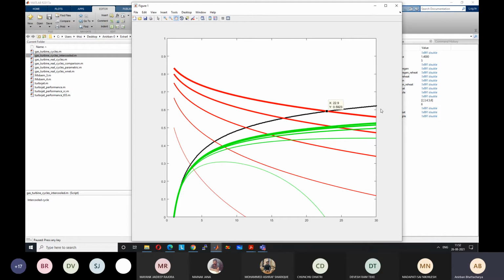For simple steam power plants, it is less than 30%, but with additions like reheating, we can increase the efficiency to 40-something%. Typically, very large power plants nowadays operate at 40-something% efficiency. So in this case also, ultimately we will see later that the efficiencies are below 40%.